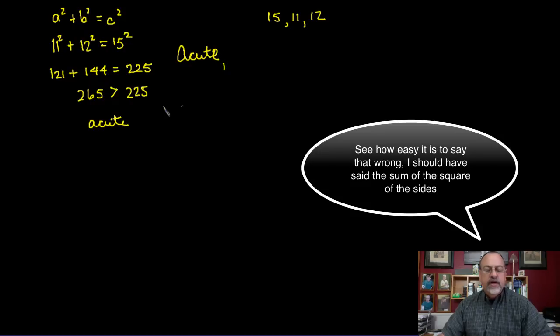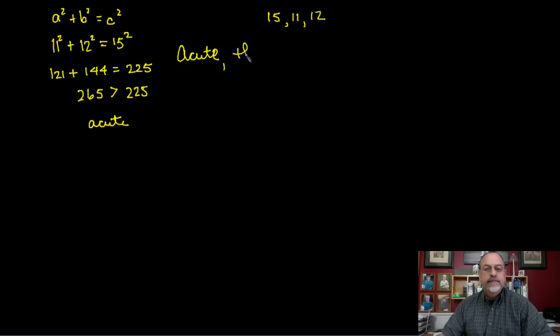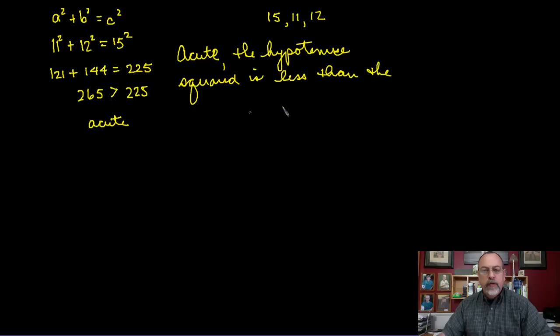This is an acute triangle because the hypotenuse squared is less than the sum of the two legs. No, see, I almost wrote that wrong. I've got to be careful.